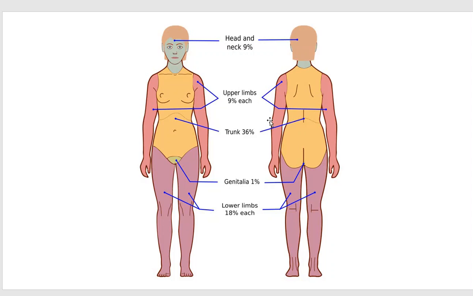So this is what we call the rule of nines. So everything here, apart from the 1% of the genitalia, is a multiple of 9, and things change ever so slightly for children, but we won't stress too much about that. And obviously in very obese adults there will be a change as well, because there will be an increased amount of skin in the trunk. But by and large, a good, reasonable way forward of approaching this is the rule of nines.